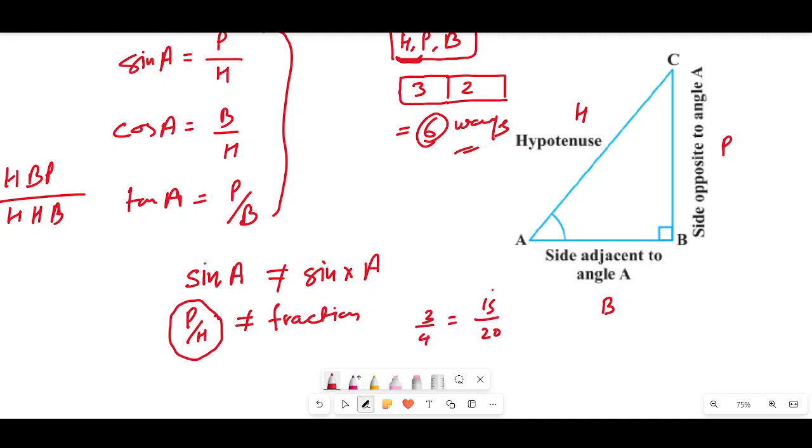This is the simplest form, and this is taken as the ratio, and 15 by 20 is a complex form of this. If we multiply, we get the complex form; if we divide, we get the simplest form. So ratio is the simplest form.